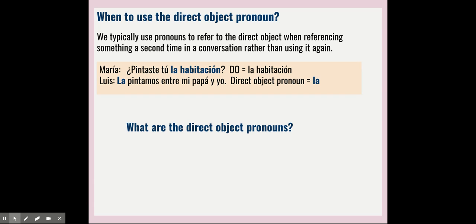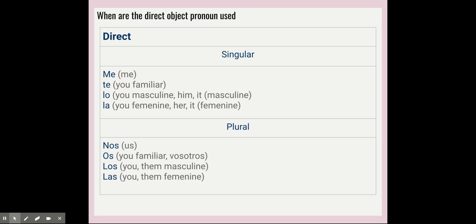What are the direct object pronouns? Pause if you need time. Let's take a look. What are the direct object pronouns used? We have the singular and we have the plural. So the singular ones are me, te, lo, la.